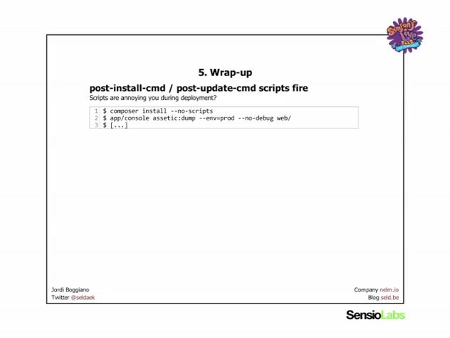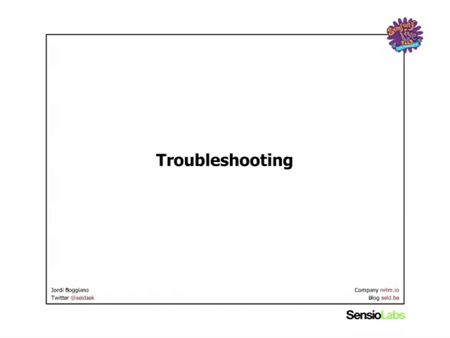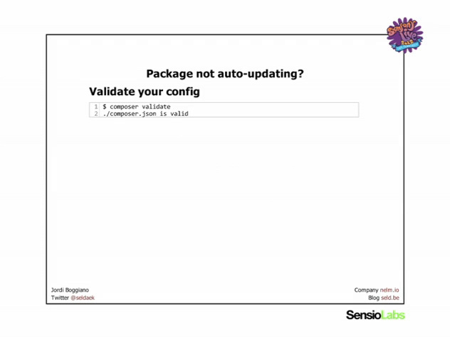All right. Finally, I just want to do a little troubleshooting primer. If you have a package on Packagist and it just doesn't update anymore for some reason, which seems to happen to people every second day, according to my inbox, just run this composer validate command. It took me a while to write it, so please run it.